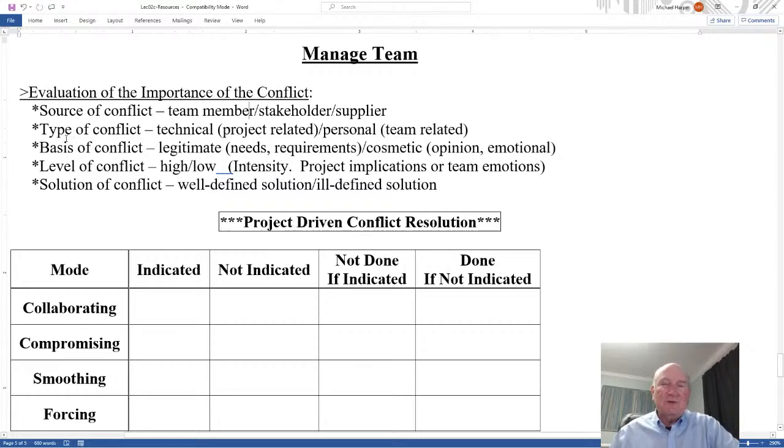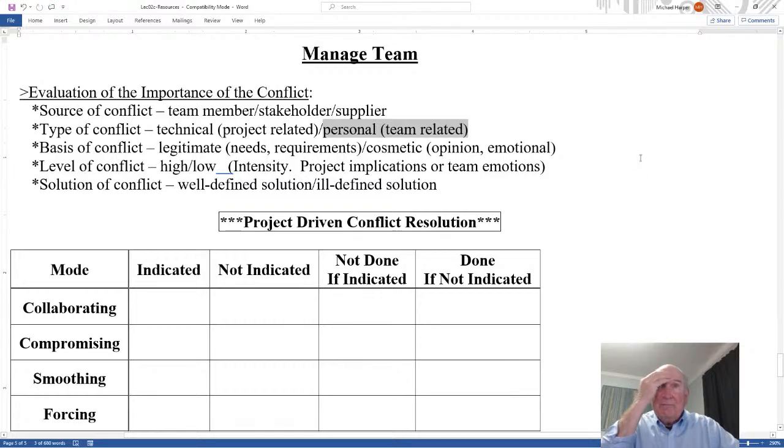Type of conflict. Is it technical, project-related, or personal, team-related? If it's technical, then you might want to approach that with a technical approach. If it's personal, then you want to approach it very differently. When people are involved and it's team-related, what type of conflict do we have?